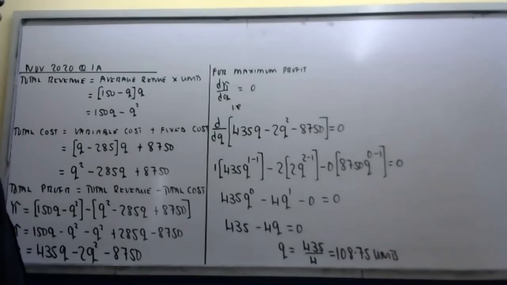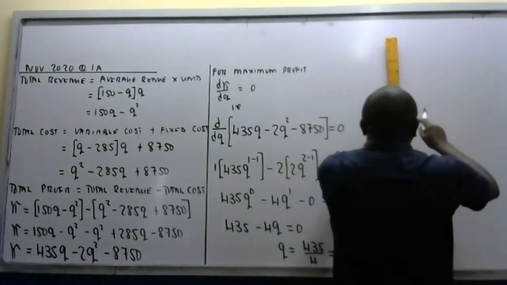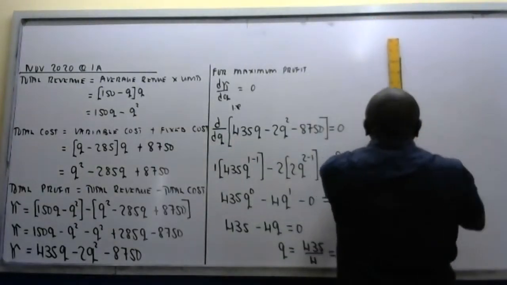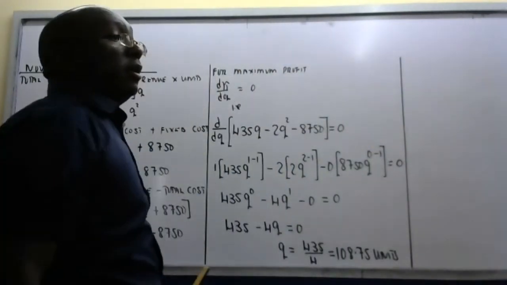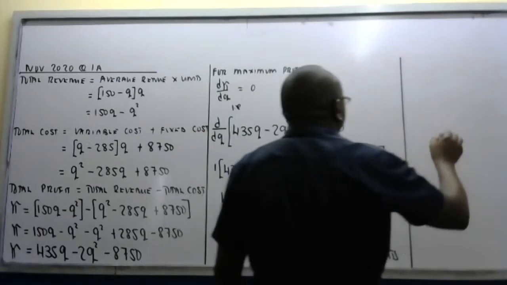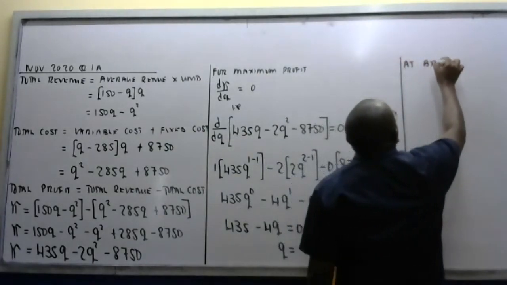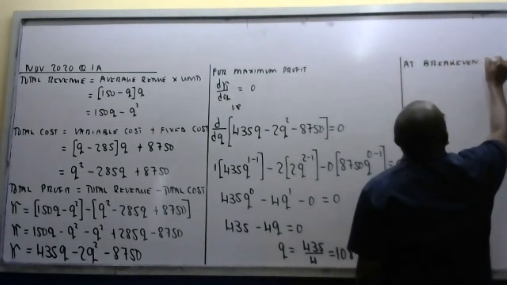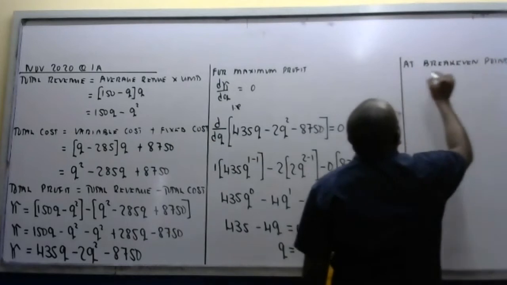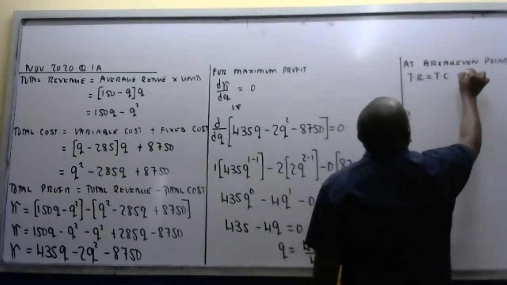Yes. Good. The next thing we are told is the break-even output. So you will need to say that at break-even point, we had said total revenue is equal to total cost.